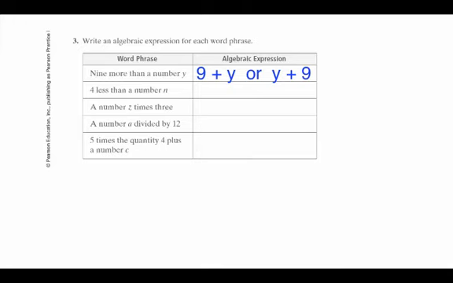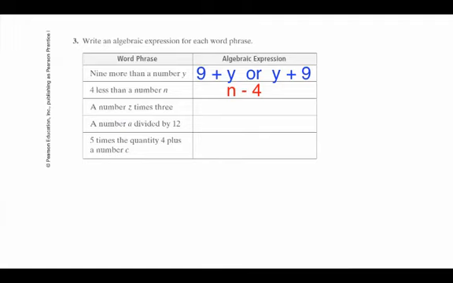For the next one, 4 less than a number n. Less than can be a little bit confusing. Less than means we're going to subtract, but we're not going to take 4 minus n. We're actually going to take n minus 4. I want you to think about if we had a number in there. If we said 4 less than 10, 4 less than 10 is 6.